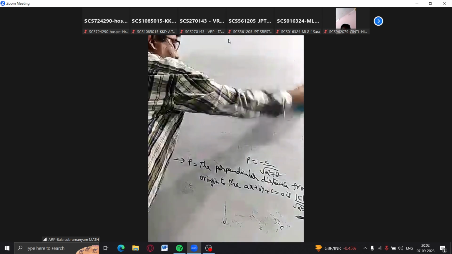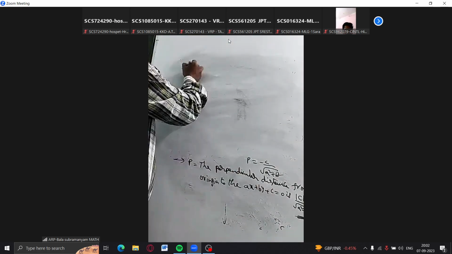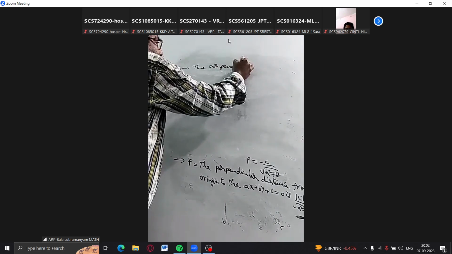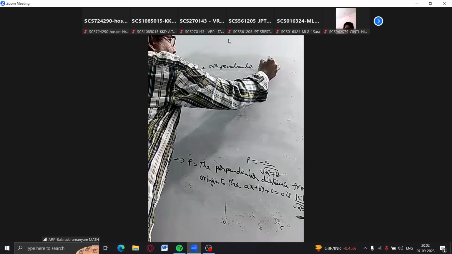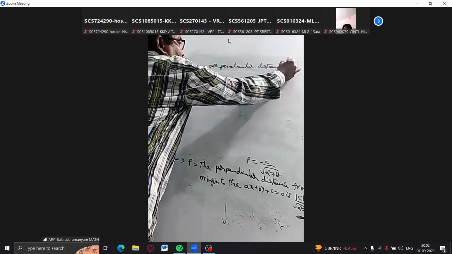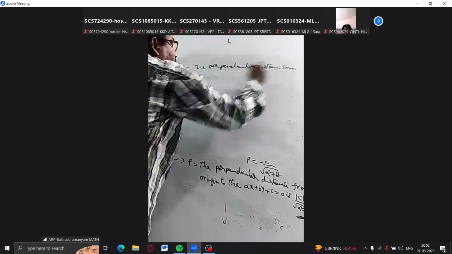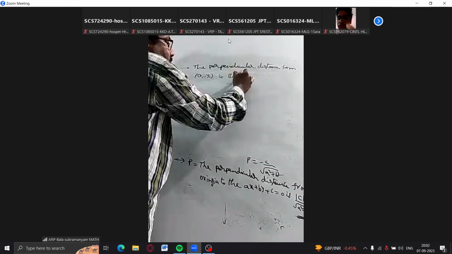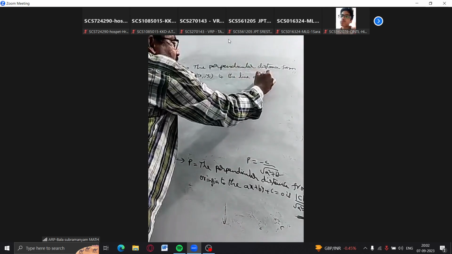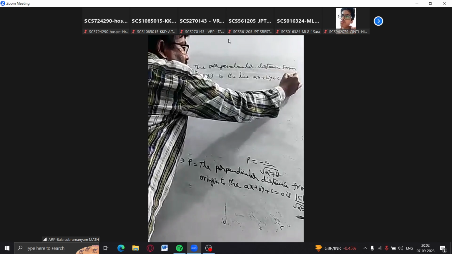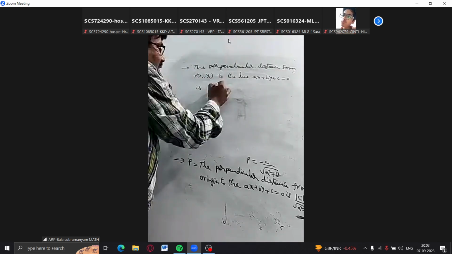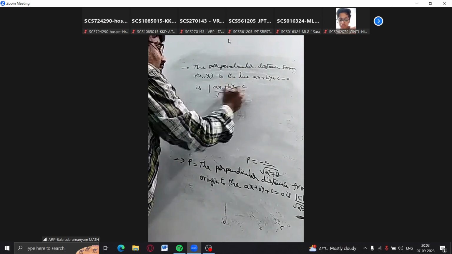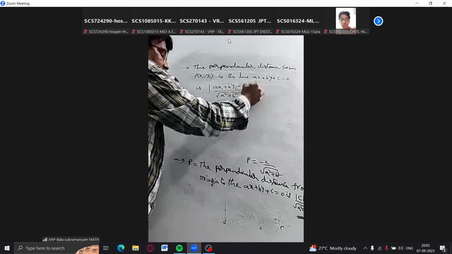Now prove the perpendicular distance from P(x1, y1) to the line ax plus by plus c is equal to 0 is modulus of ax1 plus by1 plus c by root of a square plus b square.